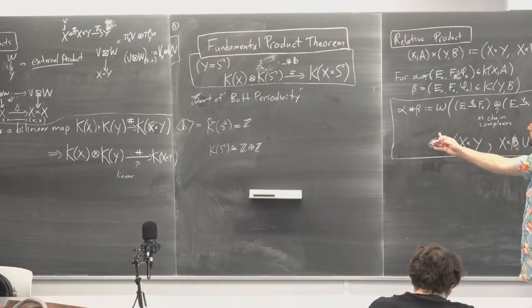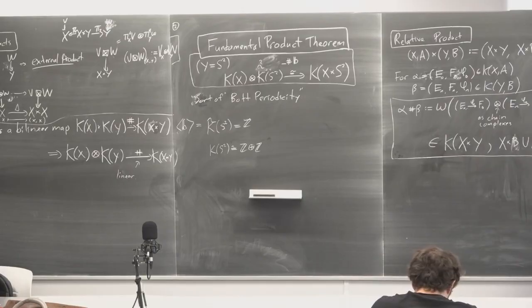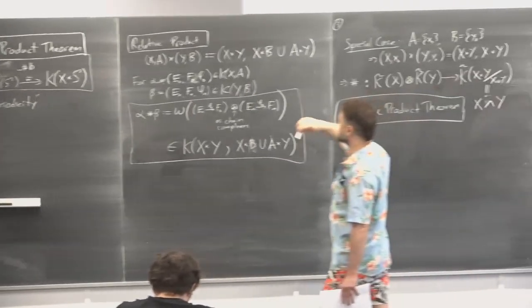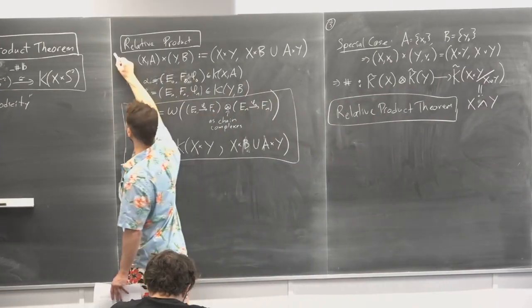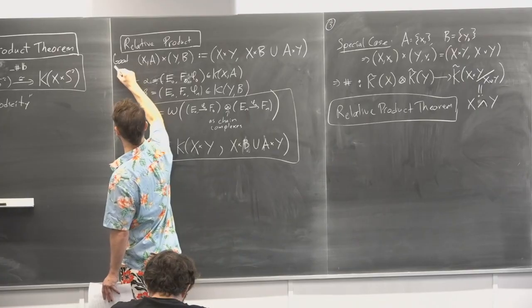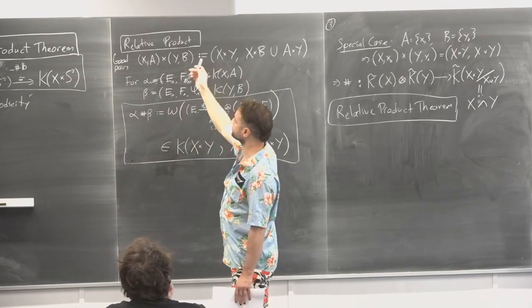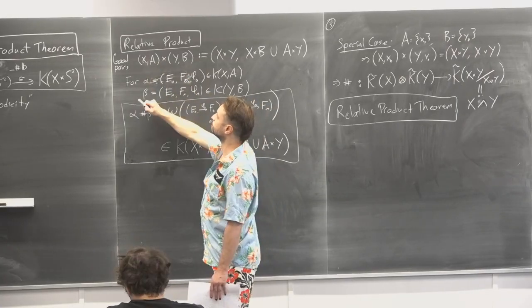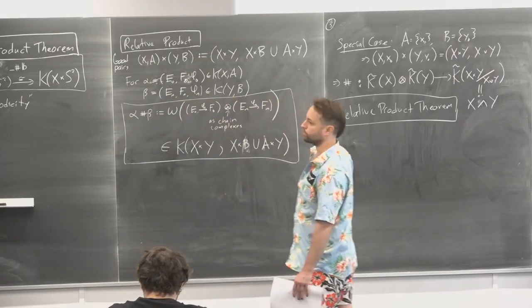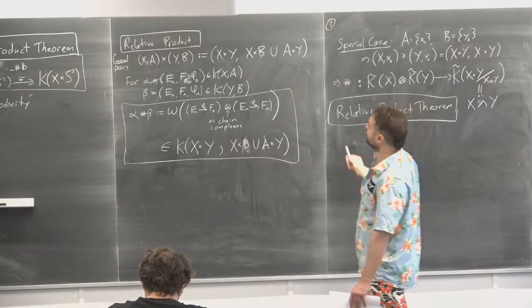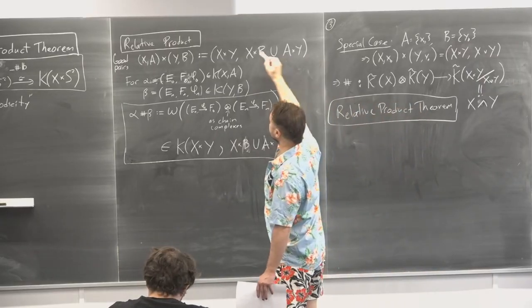So this exterior product also extends to a relative product. If you have two pairs of spaces, and let's call them good pairs, which meant, just like last time, that both X and Y are compact Hausdorff, and the subspace is closed, so that in particular it's also compact Hausdorff. So we're going to define the product like this.